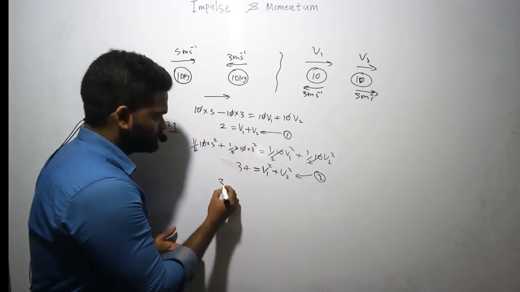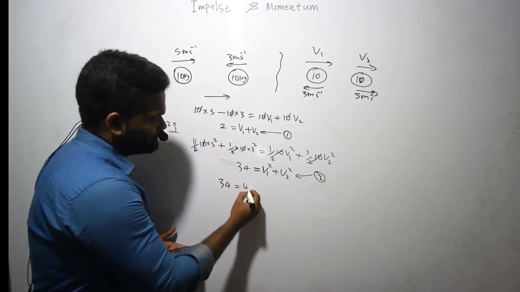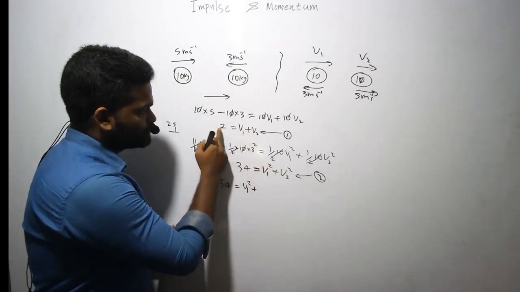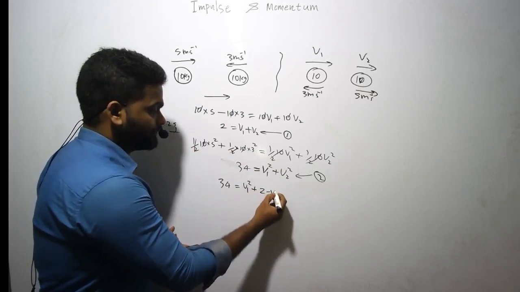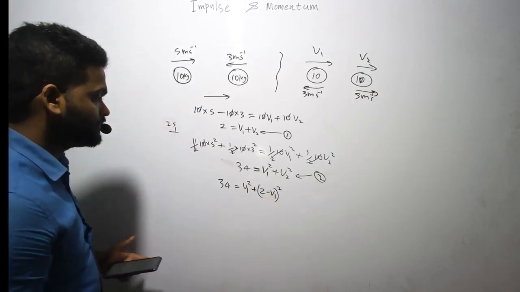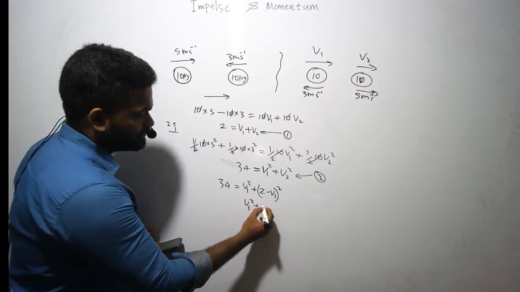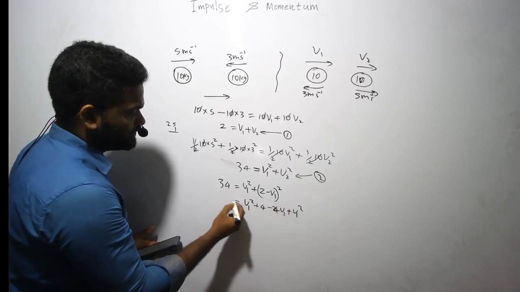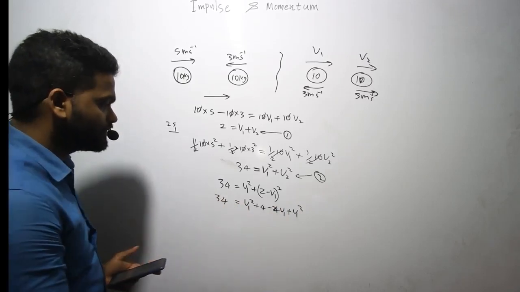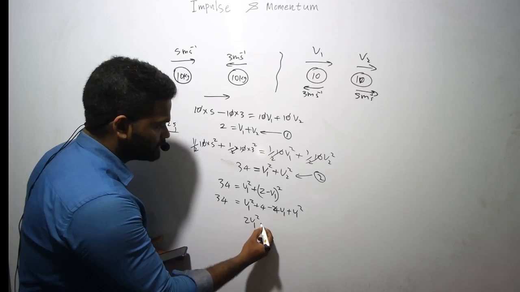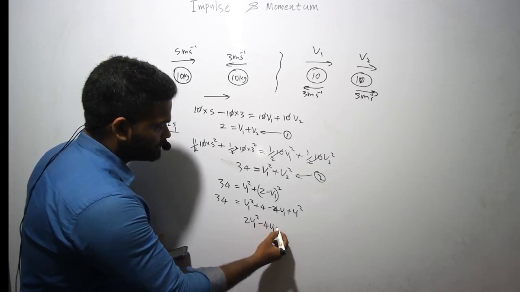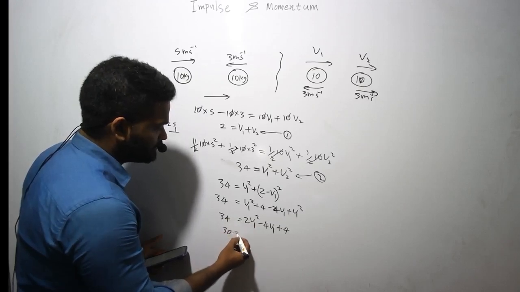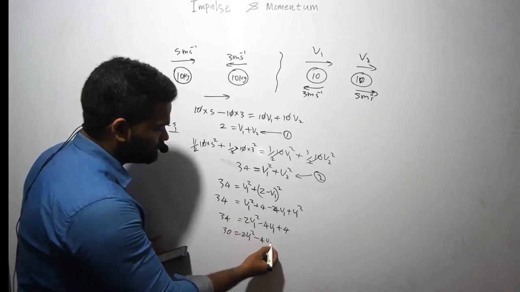Okay, I'll just show you how to simplify that. So v1 squared plus, instead of v2, you can apply v2 is equal to 2 minus v1, squared. So you get 4 minus 4v1 plus v1 squared equals 34. So you get 2v1 squared minus 4v1 plus 4 equals 34, so 30 equals 2v1 squared minus 4v1.